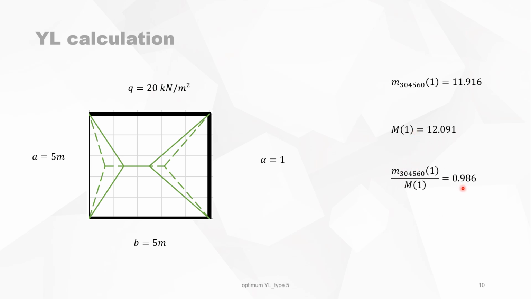So the ratio is 0.986. The angle beta 1 is 75.2 degrees instead of 60. Beta 2 is 53.1 degrees instead of 45.